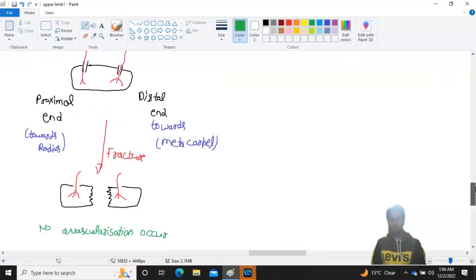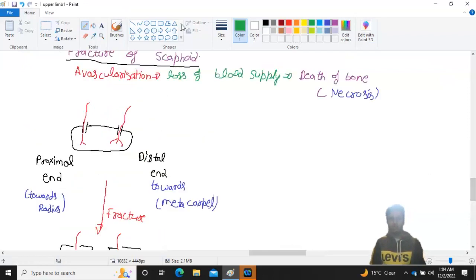Next is, sometimes there is only one nutrient foramen present in the bone, and all arteries enter through the one part.